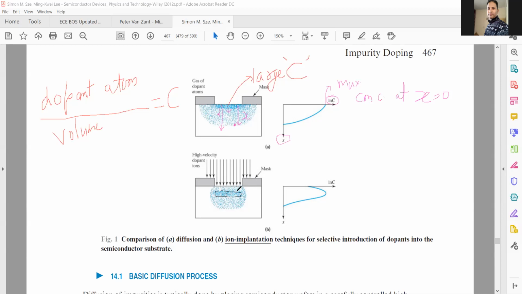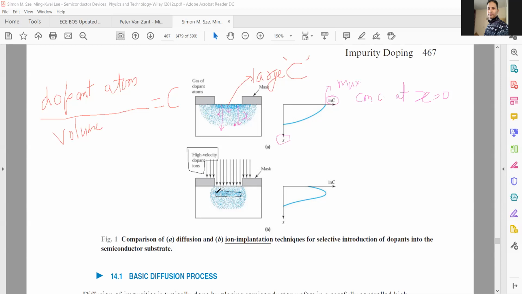We have applied dopant ions with such an energy that when they penetrate the surface, they gradually slow down, and after traveling some distance inside the substrate, they stop.